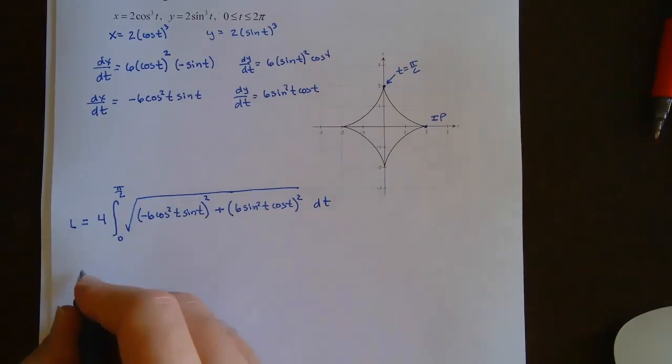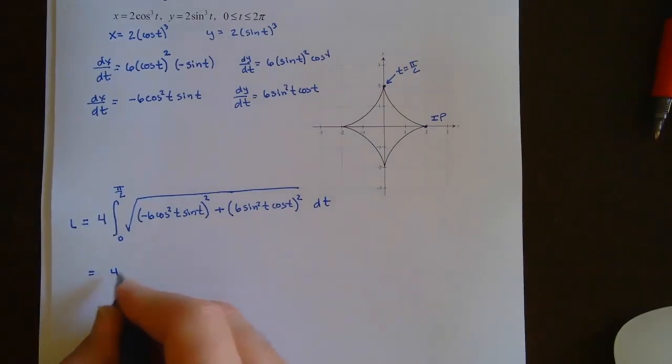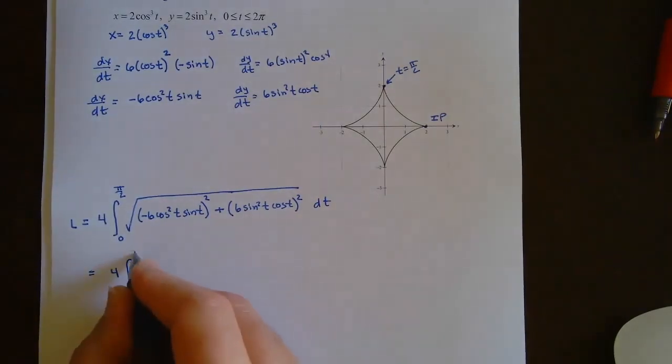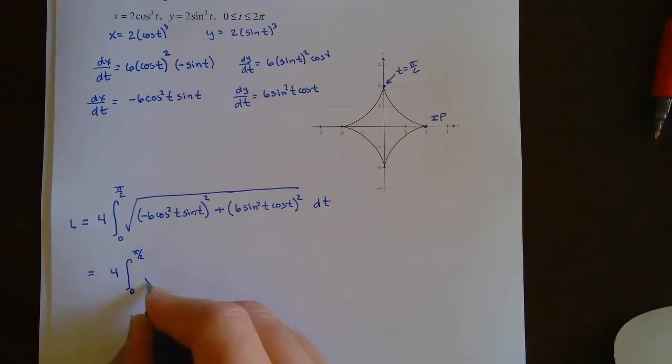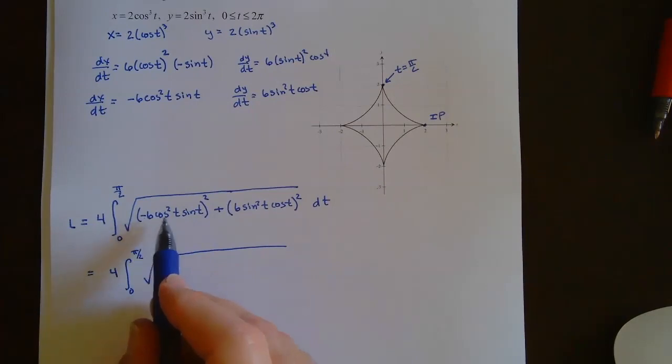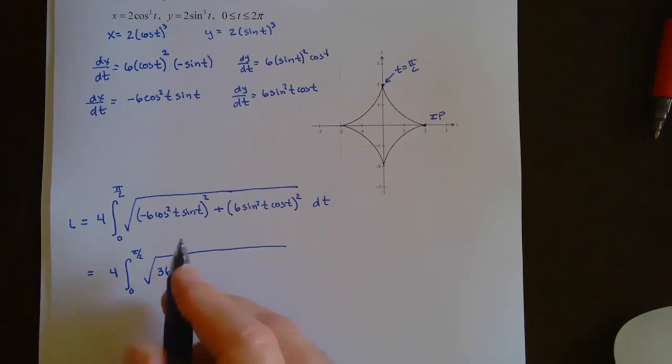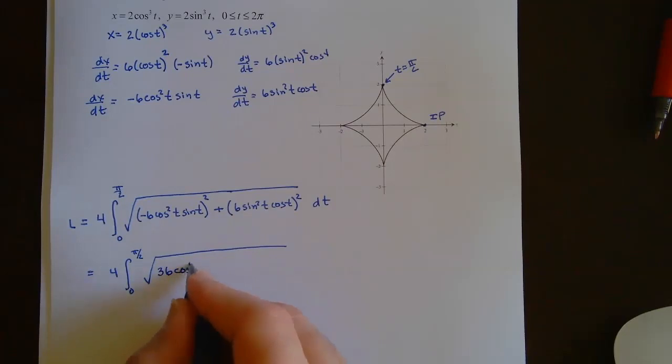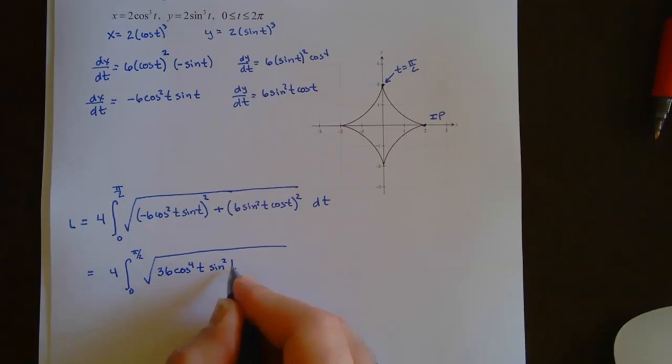and then dt, okay? So then this would be 4 times the integral from 0 to pi over 2, the square root of, I would get rid of the parentheses in here because you just need to square the -6, the cosine squared, and the sine, right? So that'd be 36 cosine to the 4th t sine squared t, right?